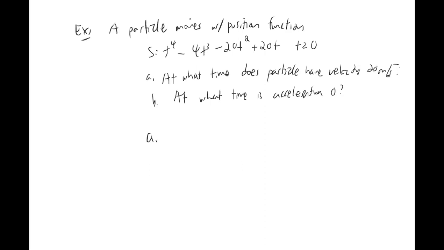Right, so velocity is the derivative. So it's asking when is the derivative 20, right? Just think of it that way. So you take the derivative: 4t cubed minus 12t squared minus 40t plus 20 equals 20.